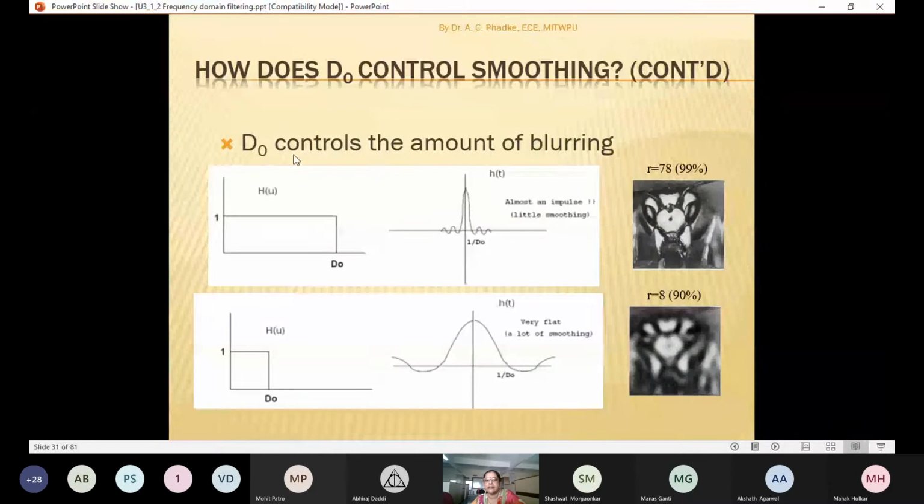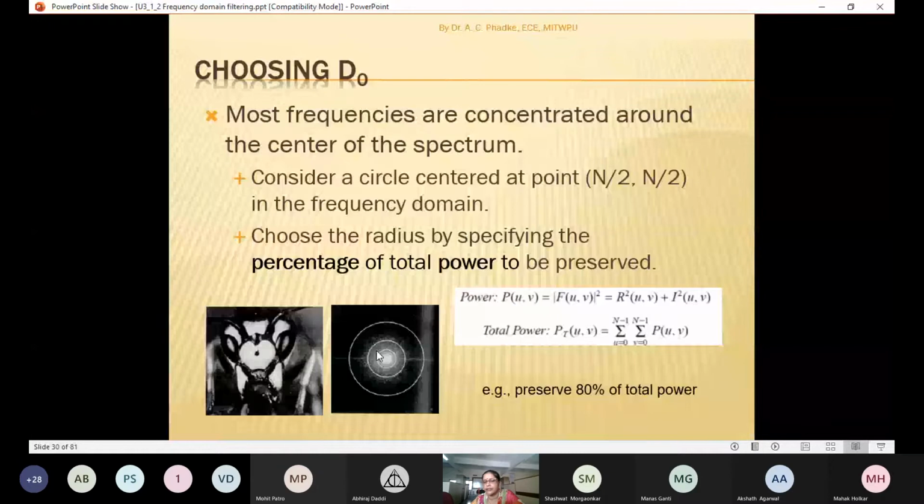D0 controls the amount of blurring. If you take a very small D0, you are selecting very few low frequency coefficients and attenuating almost all high frequency coefficients, because you have a very small circle.